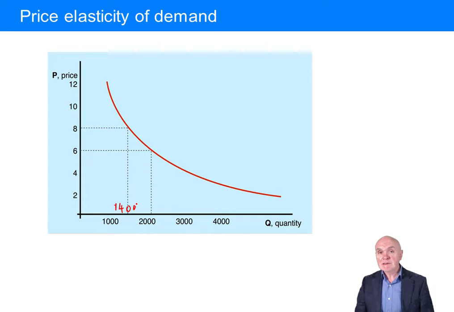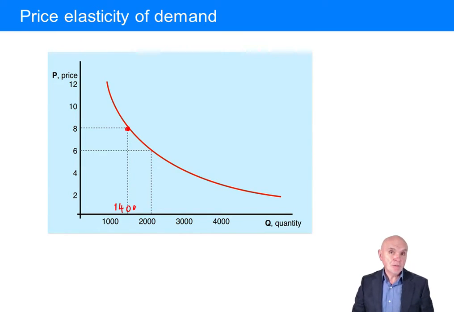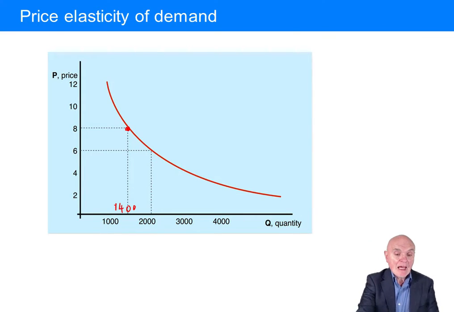And basically there are two ways of trying to calculate this. First of all, you can have the point elasticity of demand. So this is saying, what is the elasticity of demand at a price of 8, when we decrease it by 2? And when we decrease it by 2, the demand has gone from 1400 to 2000.